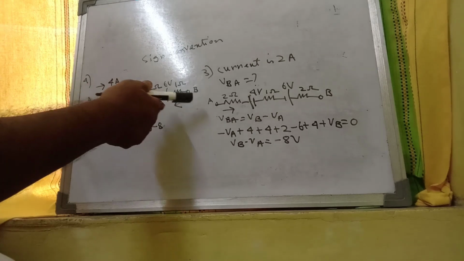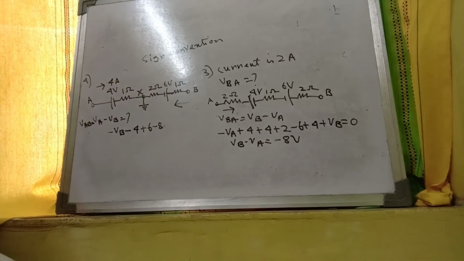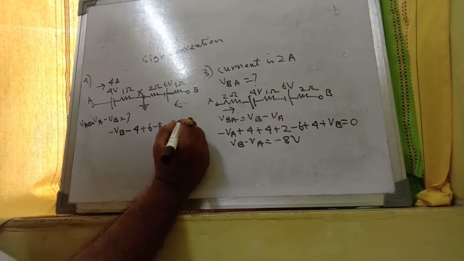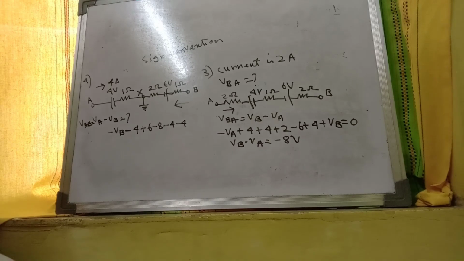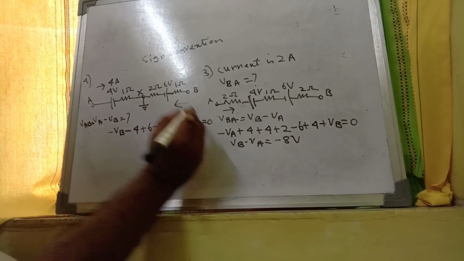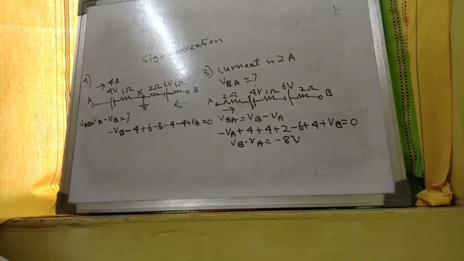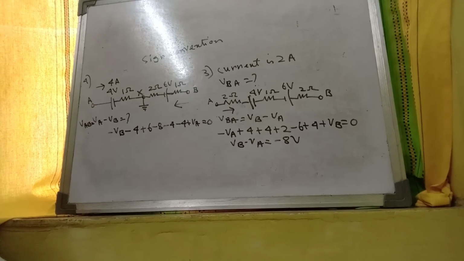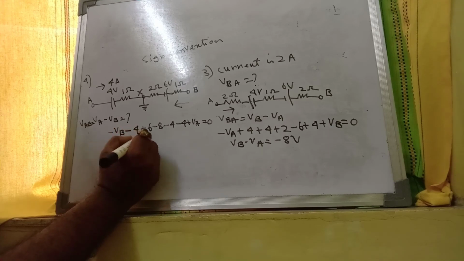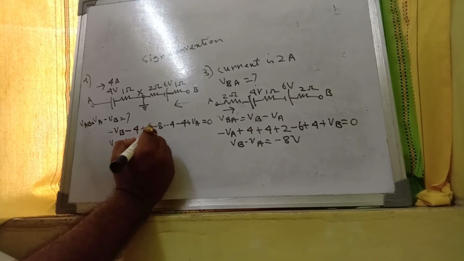Current is flowing this way, and I am going this way from B to A. Minus 4, again minus 4, and then plus VA. This is 0. So I'm calculating and finding it. So your VA minus VB comes 14 volt.